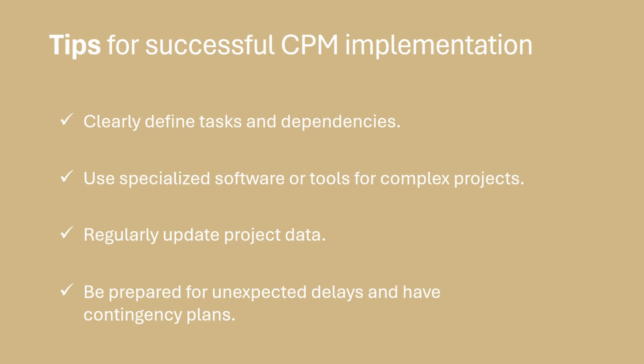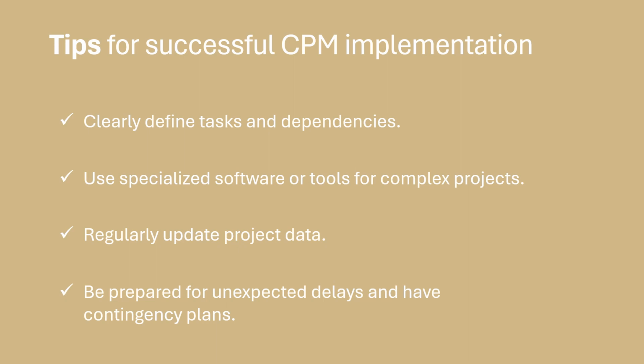Utilize specialized software or tools for complex projects. For more complex projects, consider using specialized project management software or tools. These solutions can automate calculations, visualize critical paths, and facilitate efficient project tracking. They're particularly beneficial when managing intricate projects with numerous tasks and dependencies.